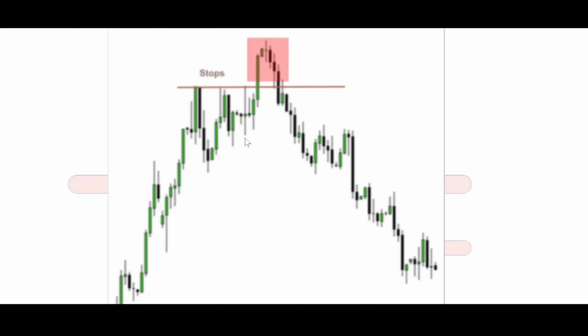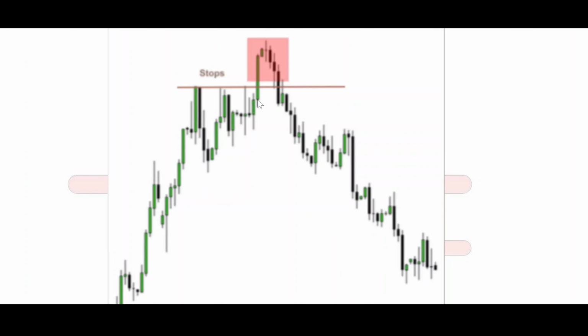So retailers are going to say, all right, now there's a breakout of the resistance, meaning this side is going to be a support. So they are going to keep on buying and put their stop losses right below this support, because they think here is a support.